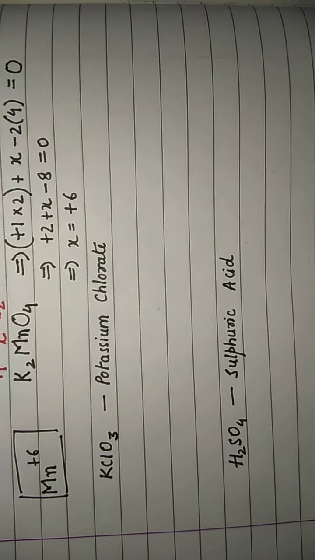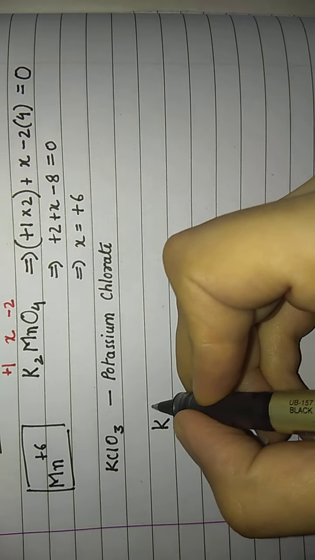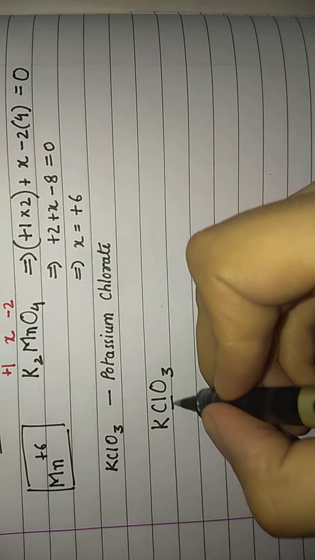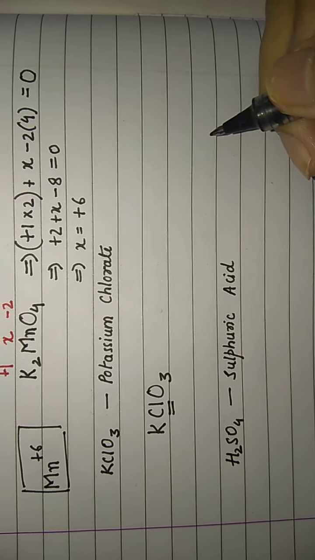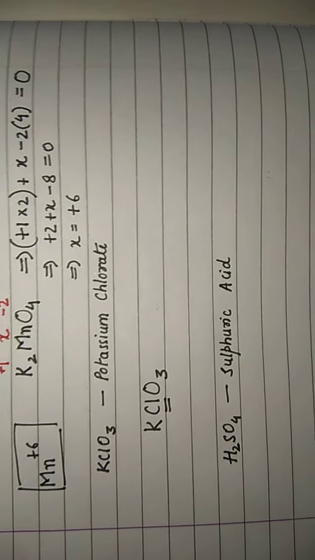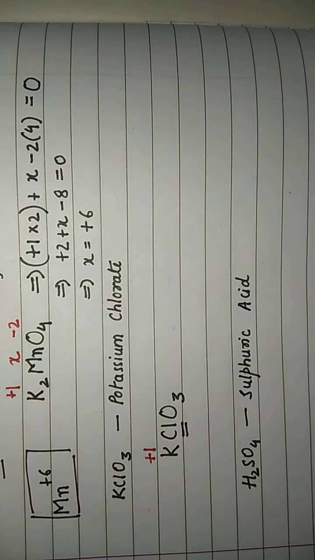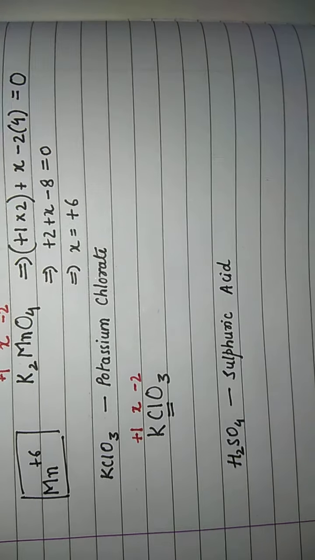Let's move to the next example, potassium chlorate. Now, if I ask you to calculate the oxidation state of chlorine present in potassium chlorate, how will you calculate it? Potassium will exhibit an oxidation state of +1. Let me consider chlorine as X and -2 over oxygen.